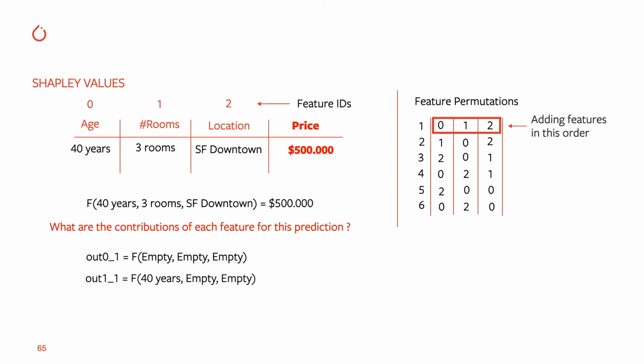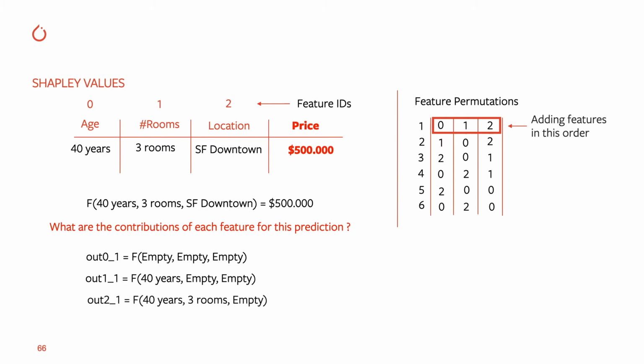Then, according to the orderings in permutation 1, we update the feature values. According to this ordering, the first feature that we would update is the age. So when we update the value for the age, we receive the feature combination 40 years, empty, empty. And we compute the function output for this combination of inputs.